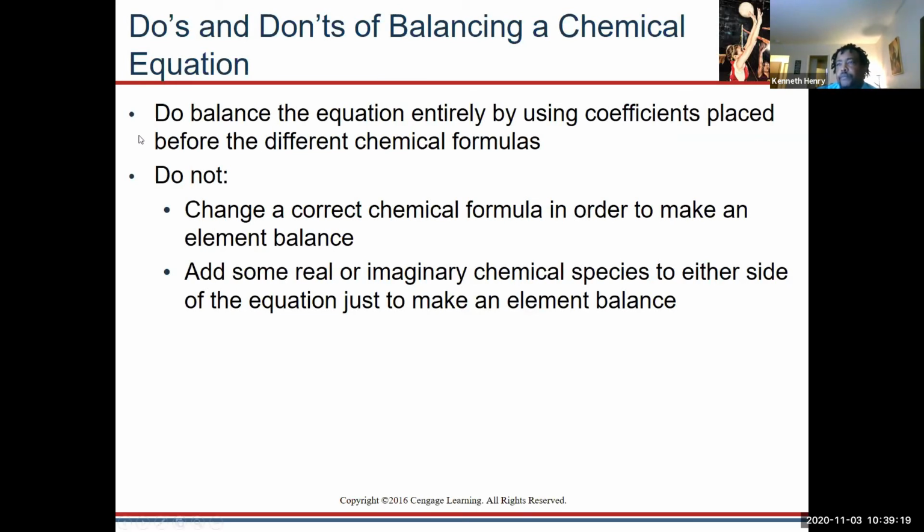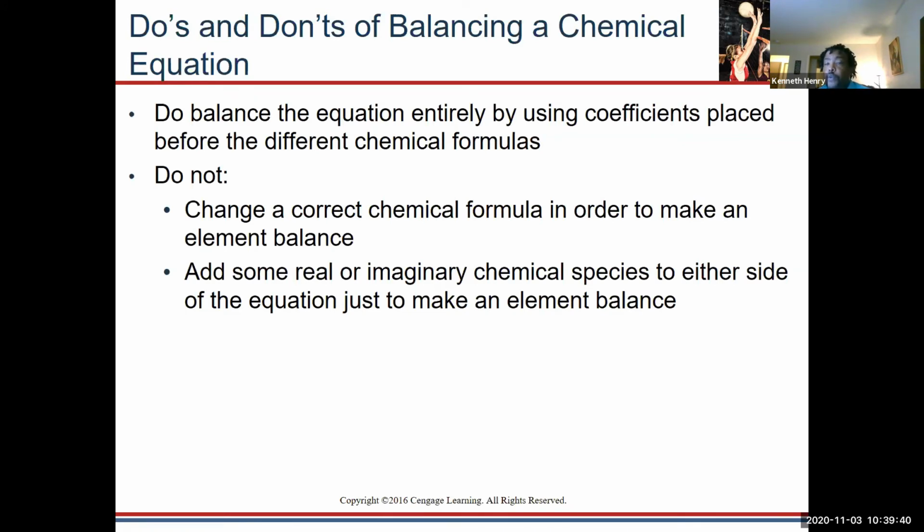So, do's and don'ts. The do's: you always want to make sure that you have the correct chemical formula. Make sure that each of your chemical formulas is correct before you do anything with your coefficients.